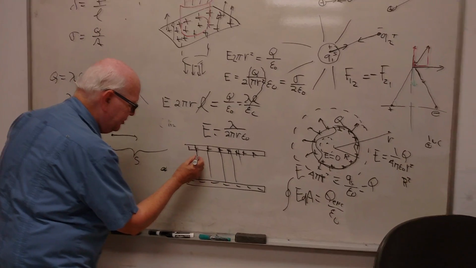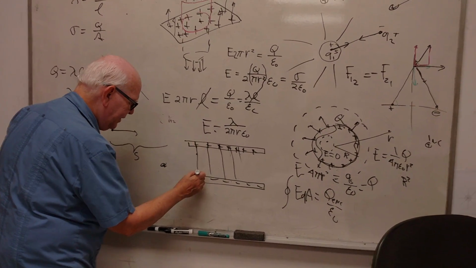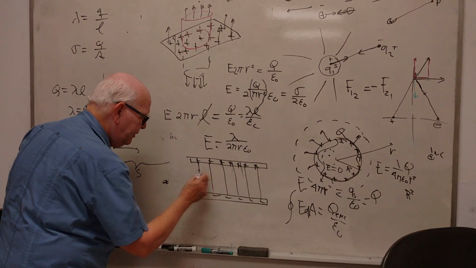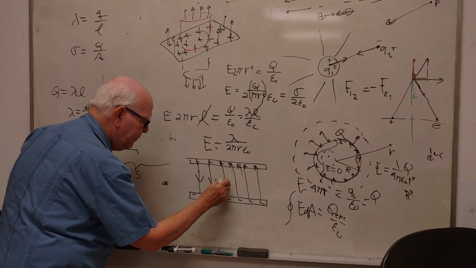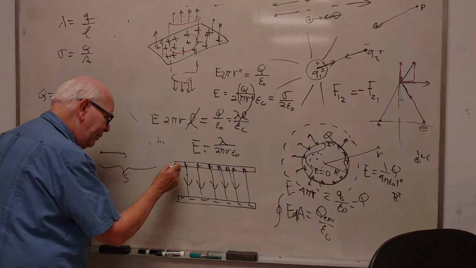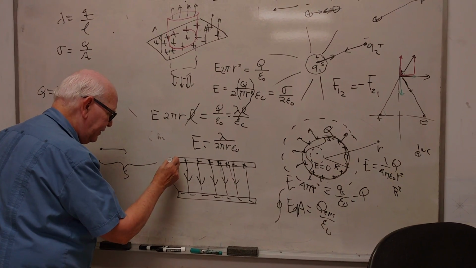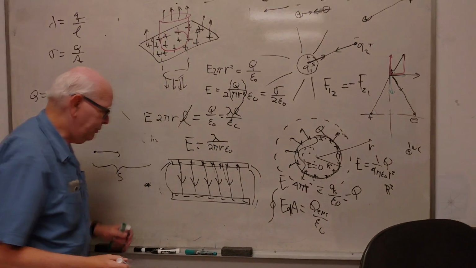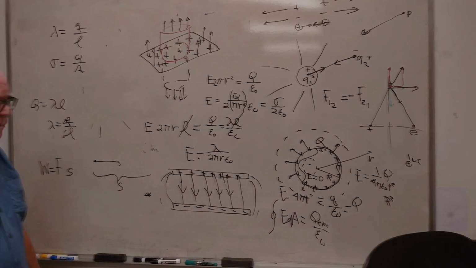You put a test charge here, it's repelled by the plus and attracted by the minus. So when you have a homogeneous field, the lines are parallel and equally spaced. There's some escape here. There are what they call fringe effects, but we ignore that. So the formula is approximate because some lines escape.